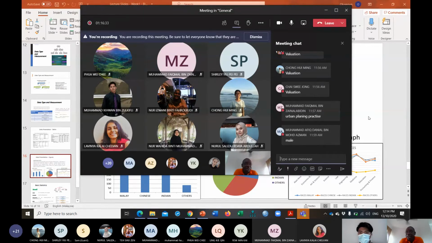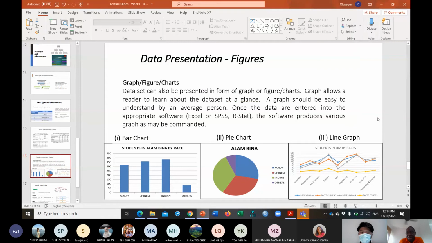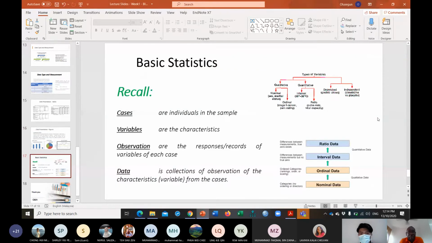Okay, so let's look at the next slide here. I think possibly the last slide for this class for today. Let's check the basic things we have talked about in this class today. We have talked about statistics, basic statistics.